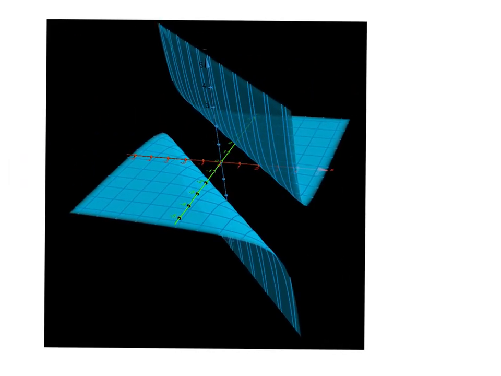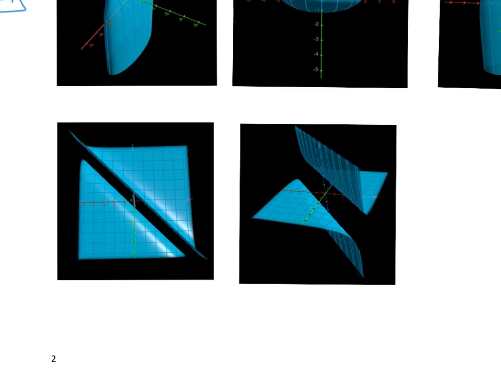You can see that as x plus y approaches 0 from the right side, this function goes to infinity, versus from the left side of 0 it goes to -infinity. So I think that's a really nice picture of this one. Again, you can see these curves that are forming, those traces, and that's what we'll be talking about in just a minute. All right, let's try one last example.